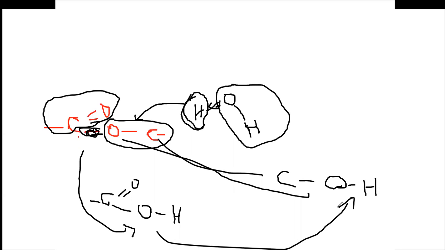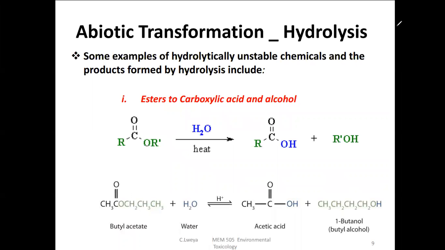In toxicology, you don't really show this. Just indicate that the reactant, the pollutant or the compound that may undergo an abiotic transformation by the method of hydrolysis, the example we can look at is an ester.